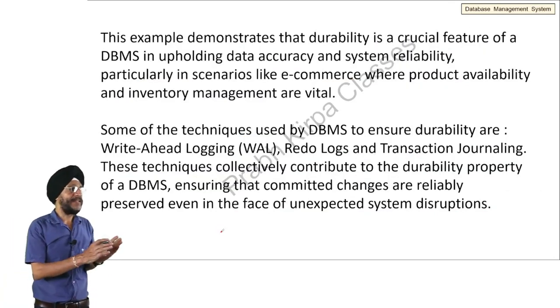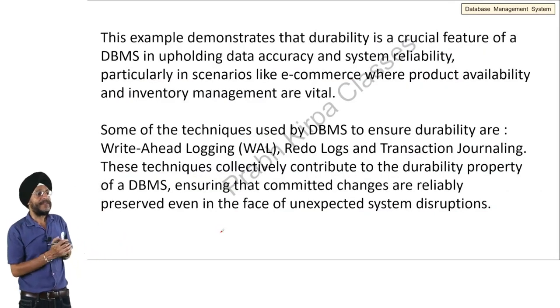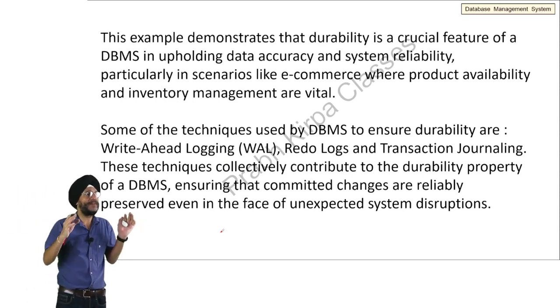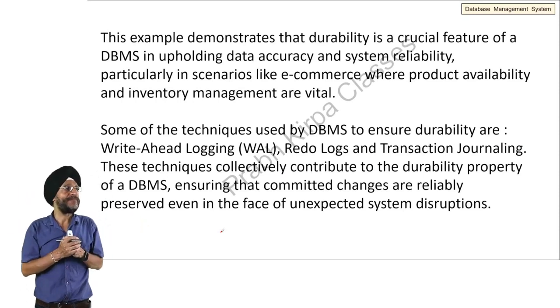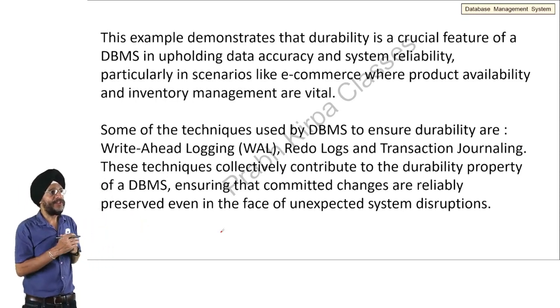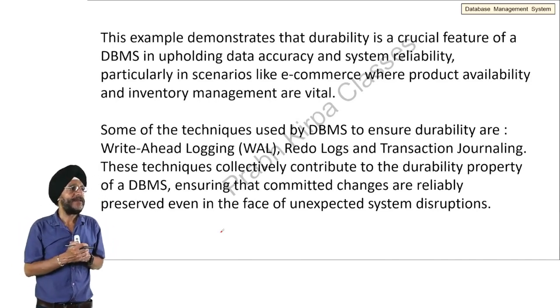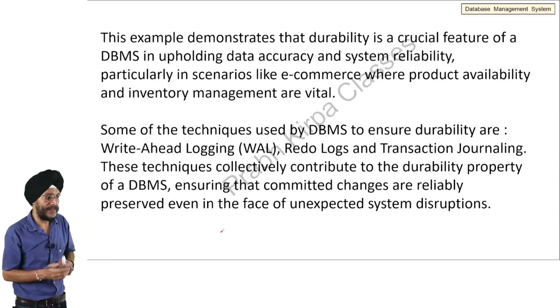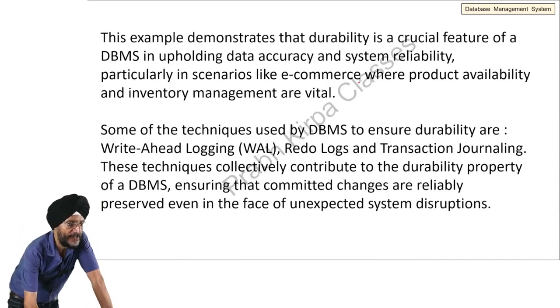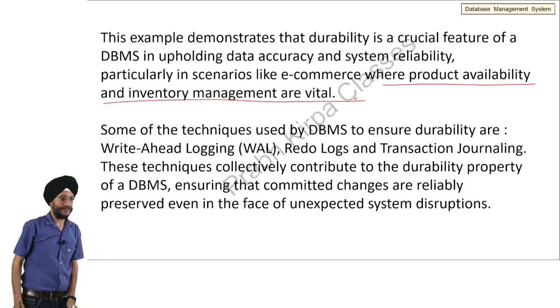The example given above demonstrates that durability is an important feature of DBMS, which ensures data accuracy and system reliability, particularly in e-commerce where product availability and inventory management are important.